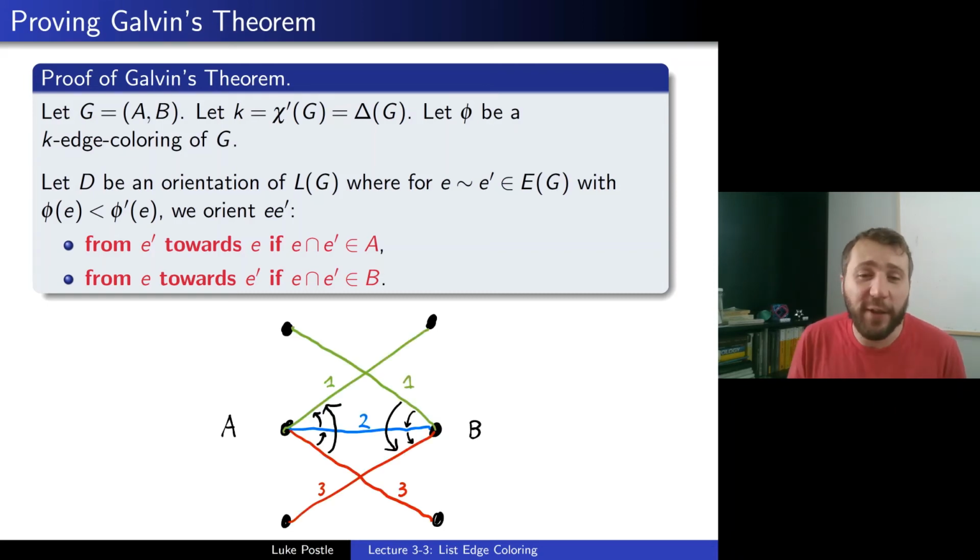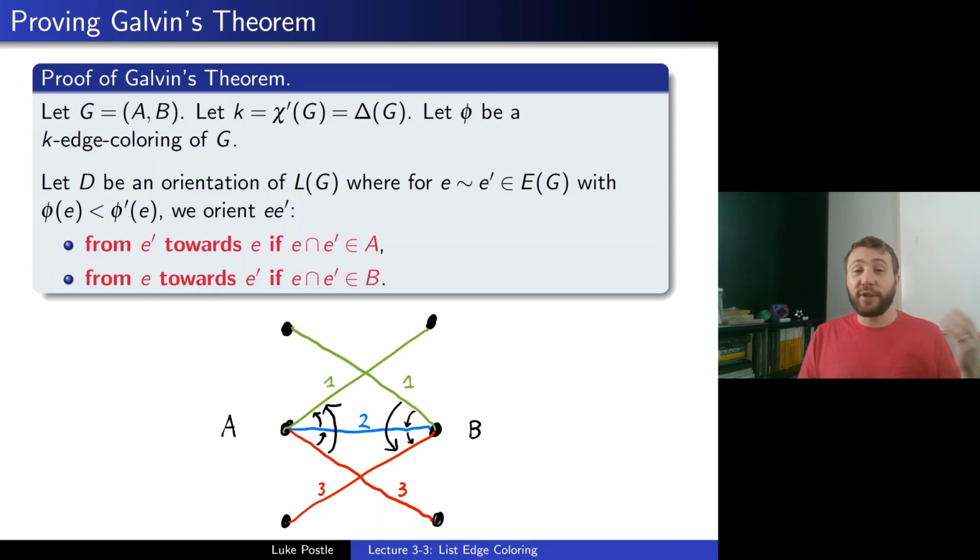So here's a picture of how this works. We have A, we have B, and let's say we have some edge coloring. Here my green edges are colored 1, my blue edge colored 2, and my red edges are colored 3. For each pair of incident edges, we're putting a direction.